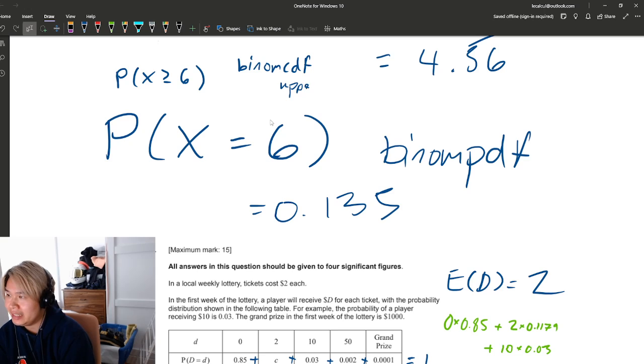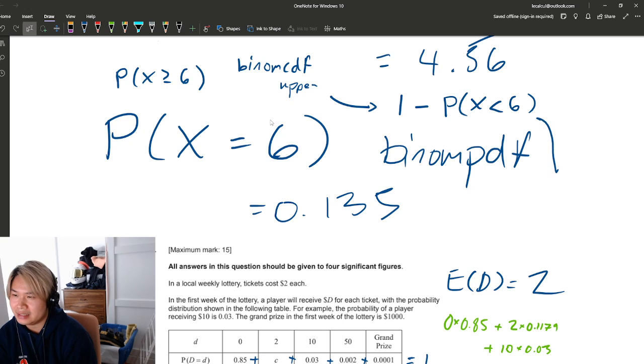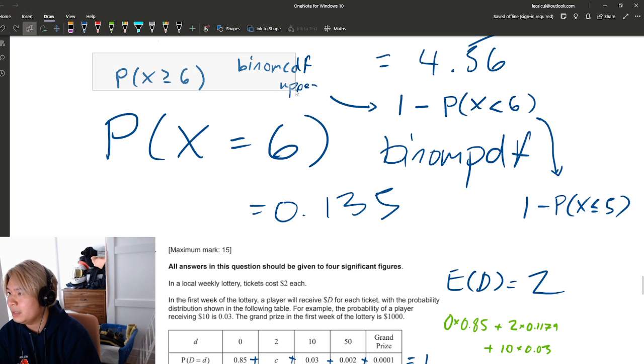At least it is for TI. So what you would do is take the complement. So this is 1 minus x less than 6. And then of course, being less than 6, because this is counting planes, is less than or equal to 5. My bad, my bad.